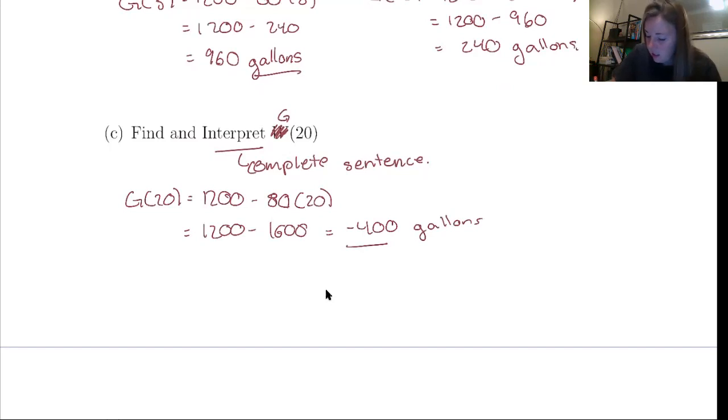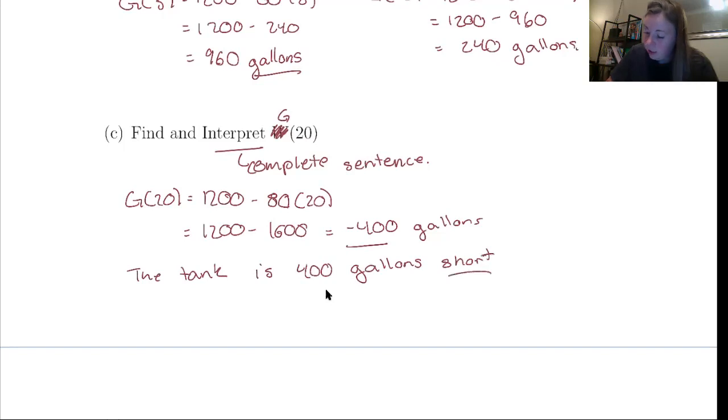So the way we can say that is the tank is 400 gallons short, or for us to make it to day 20, we would need another 400 gallons.